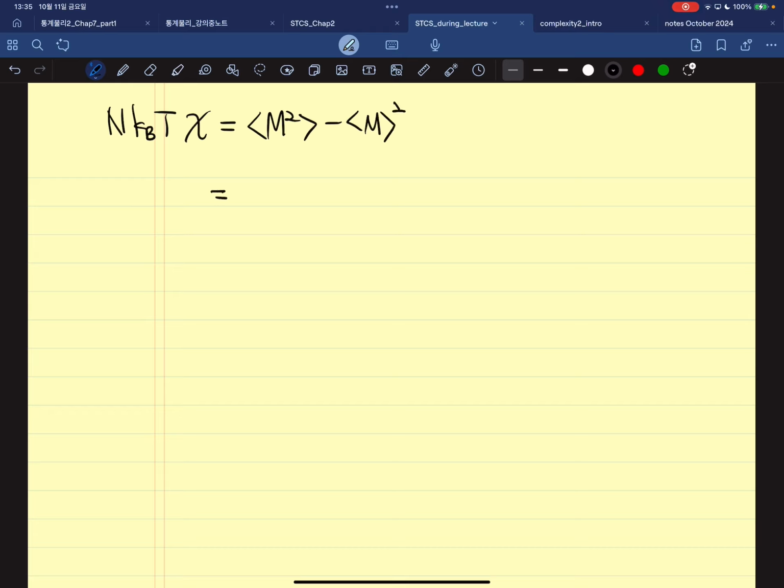And if you recall, the magnetisation is actually the sum of the spins; let's denote the index as K. This is the definition of the capital M. It's a capital M because it is not divided by N yet.